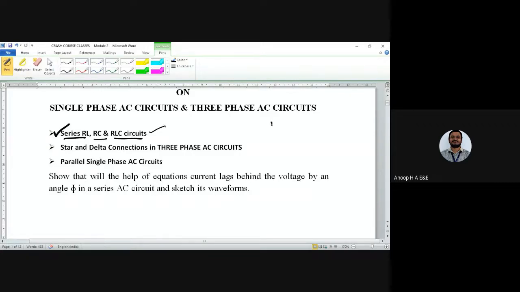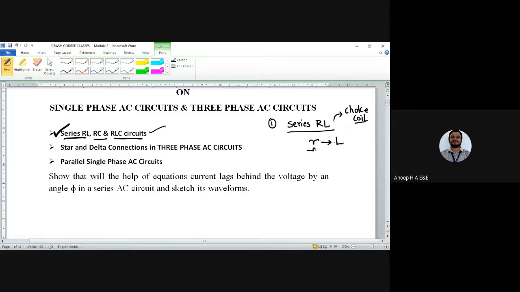What we are going to discuss is the series RL circuit, the derivation part. A very good example of a series RL circuit is a choke coil: any value of resistance in series with an inductance.